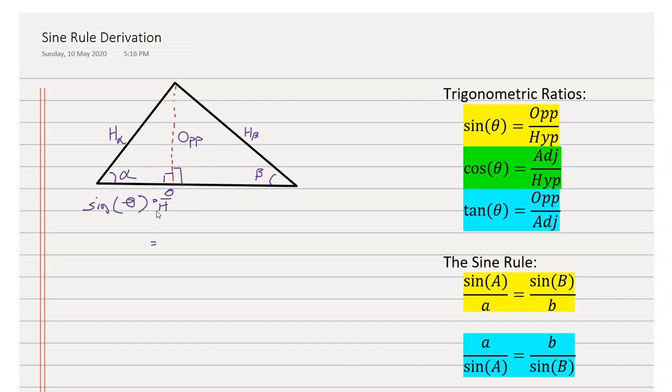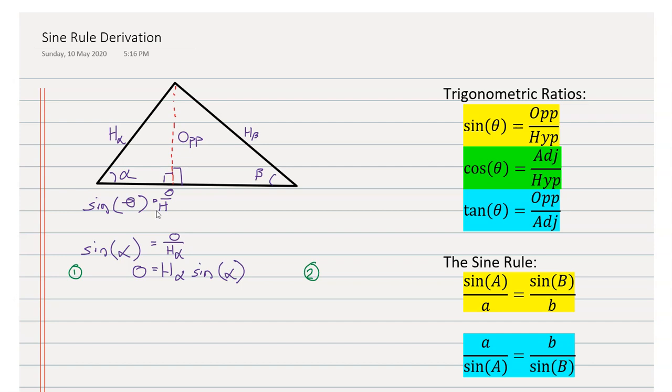Then substituting in the values, we're going to get sine alpha equals the opposite over the hypotenuse alpha, and then rearranging to make the opposite the subject, we will get opposite equals hypotenuse alpha times sine alpha. Now this is, let's call it, our first equation.